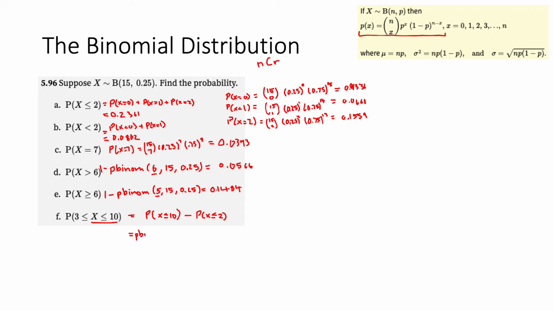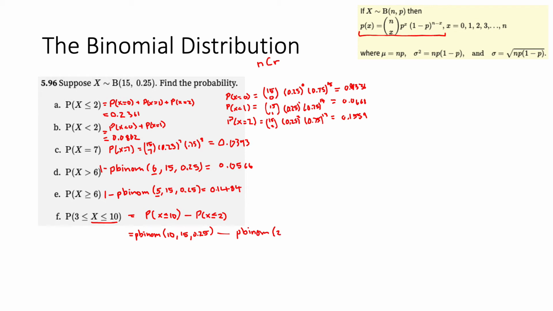And the reason I structured it like this is because that's the format of this pbinom command. And so we're going to do 10, 15, and our 0.25 parameter of the distribution, and we're going to subtract this command here, which is going to get that remainder on the lower end that's not included in our interval.